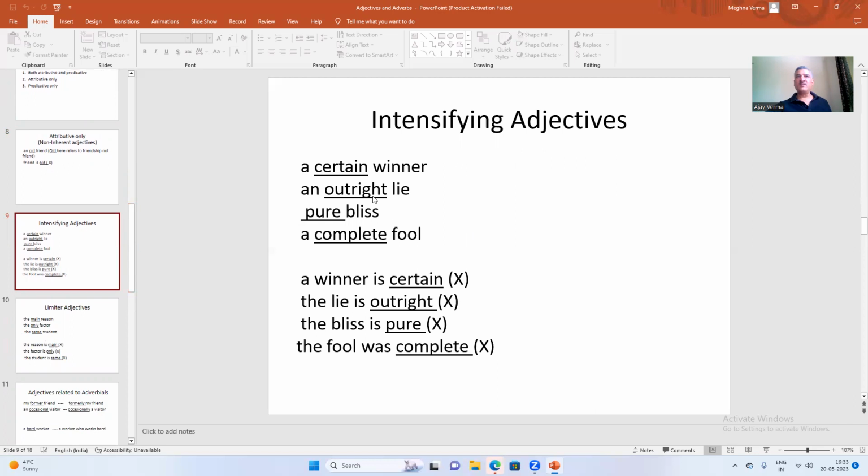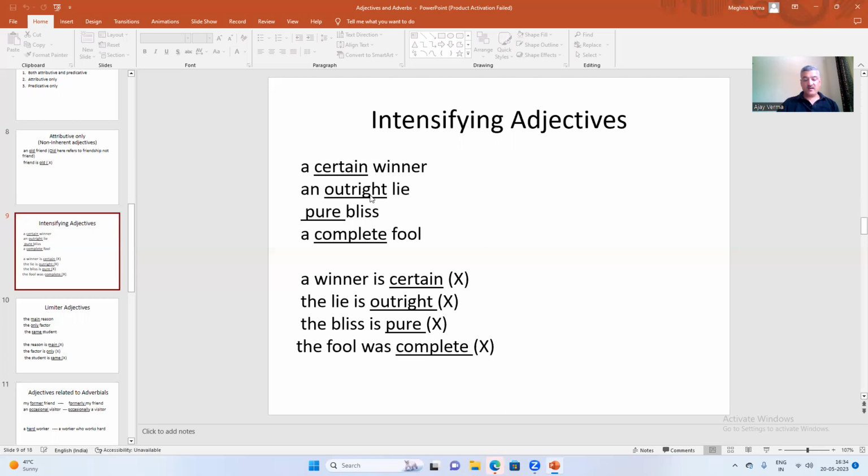By intensifying, we mean adjectives which, basically, are used in such a way that they suggest a certain intensity, okay, rather than quality. They are emphasizers. They emphasize the quality.